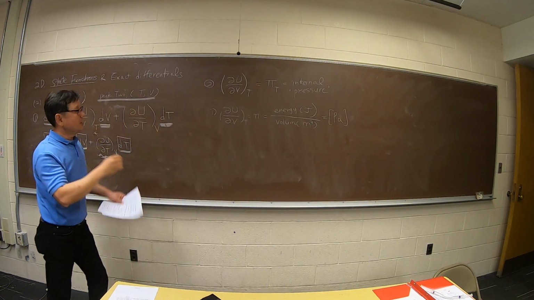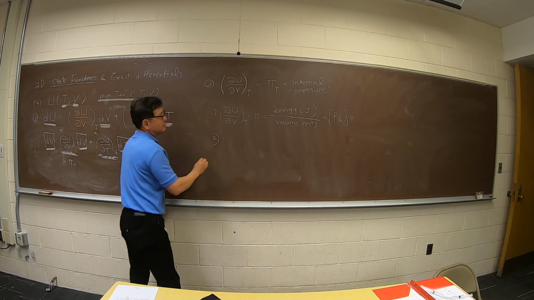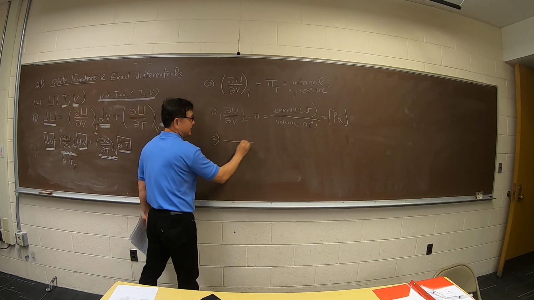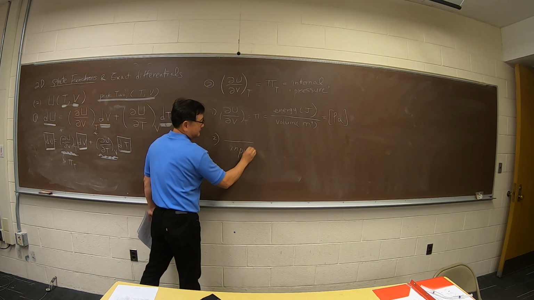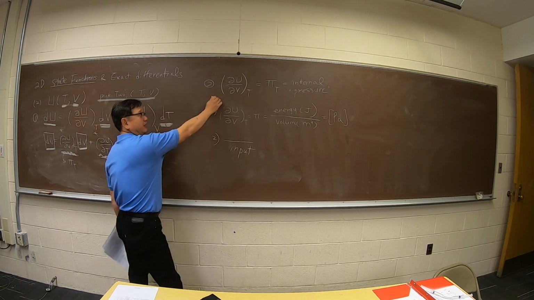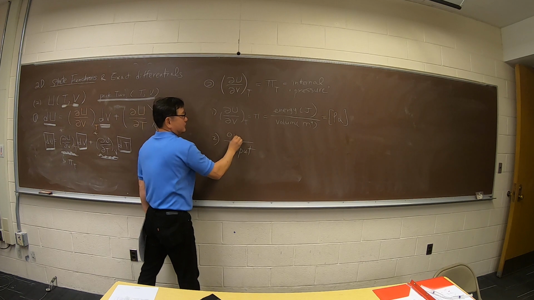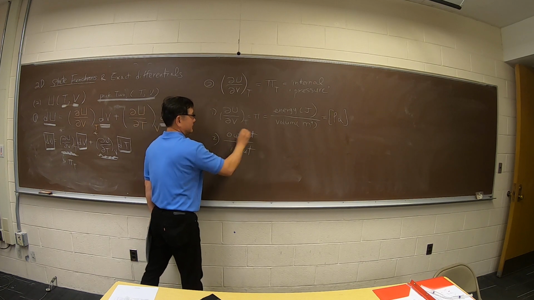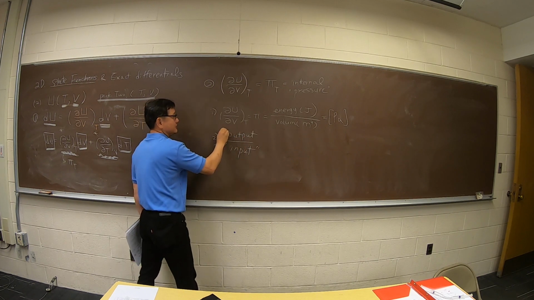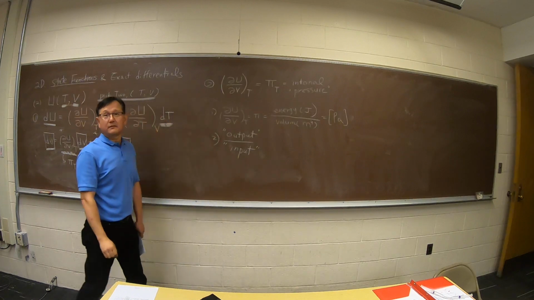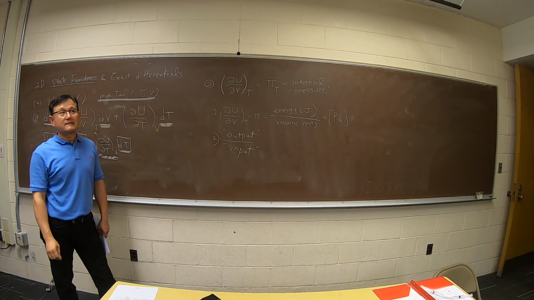So that's it. But now think about the meaning. Do you remember in the first class I talked about any thermodynamic variable that we want to understand more? When you change something, this is a response from the system. Remember that?